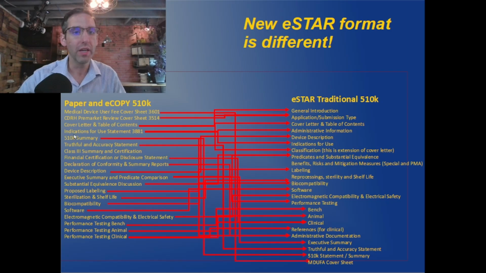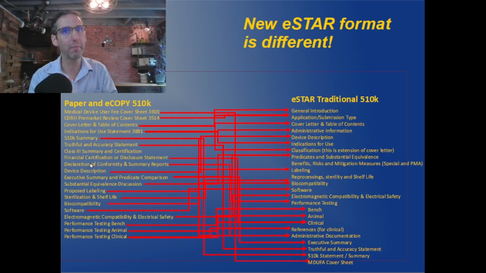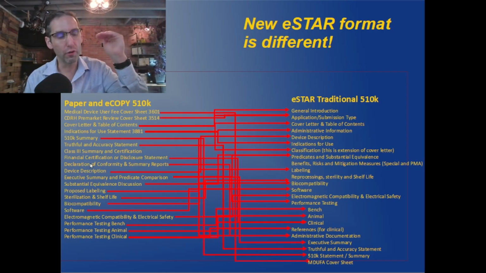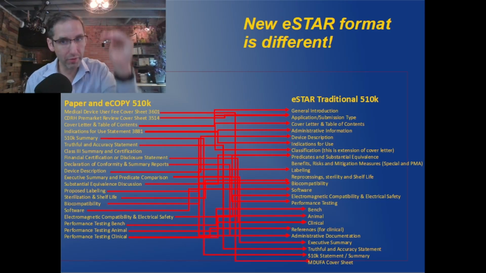You have your indications for use statement, your 510K, your device description, your sterilization and shelf life, biocompatibility, software. All of these different sections within the 510K would all be kept in order. You'd literally have them in a 3-ring binder. Your folders on your hard drive are all going to be in the proper order, and everything's going to be very organized.